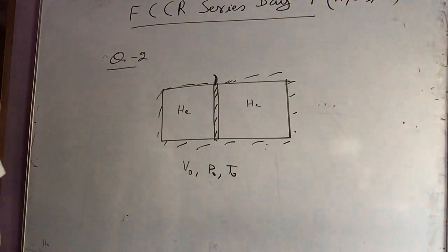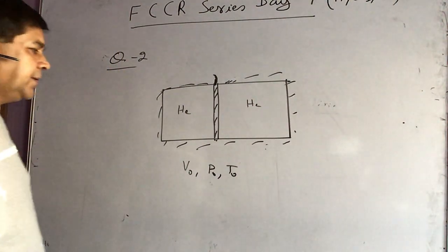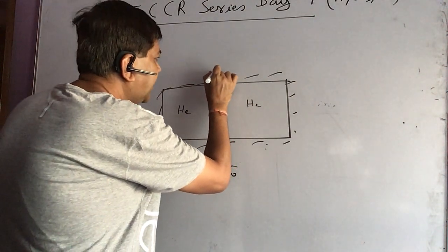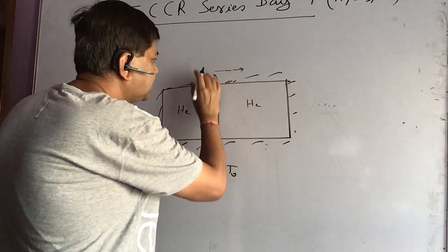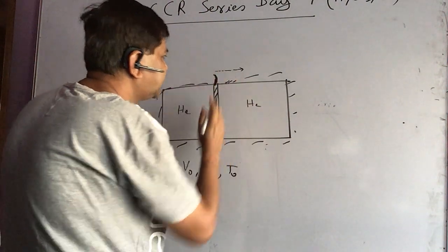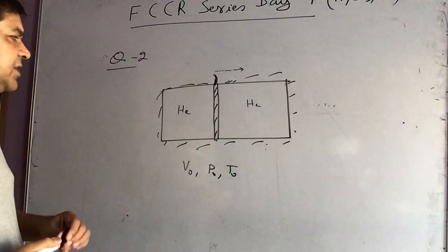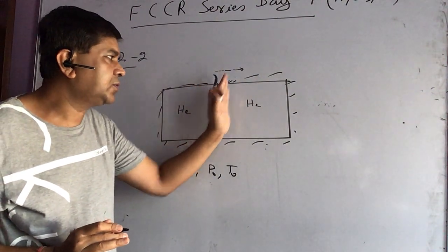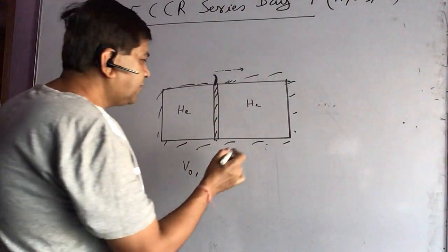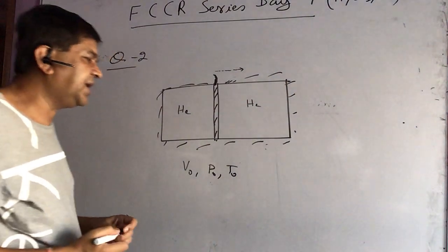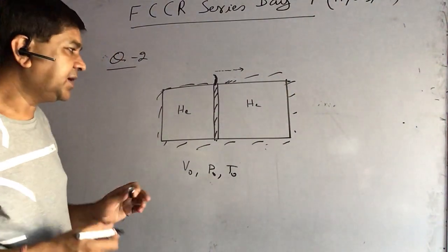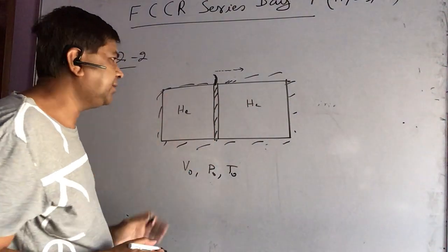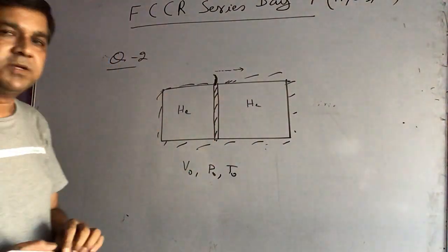What I am doing now is slowly moving this piston to the final position, so that the volume on the right side becomes half. The initial volume of each side is V0/2.